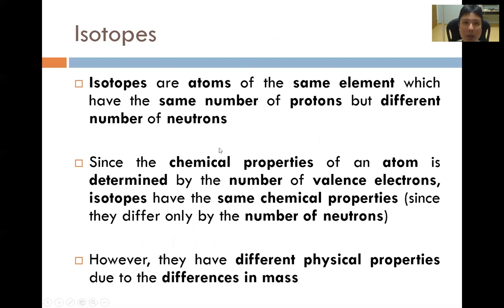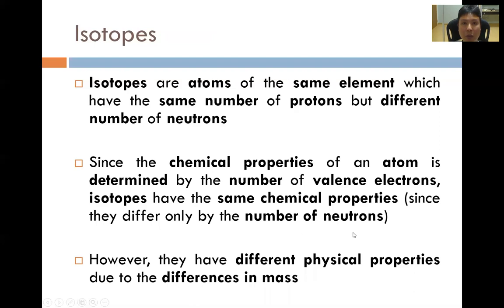And since chemical reactions only involve the valence electrons, and the chemical properties are only determined by the number of valence electrons, since isotopes have the same number of valence electrons, they will also have the exact same chemical properties because they differ only by the number of neutrons.